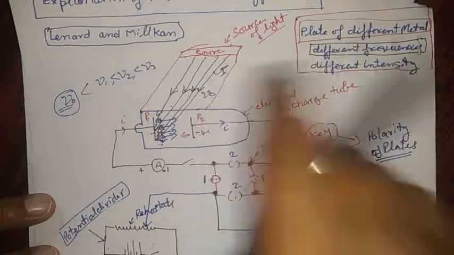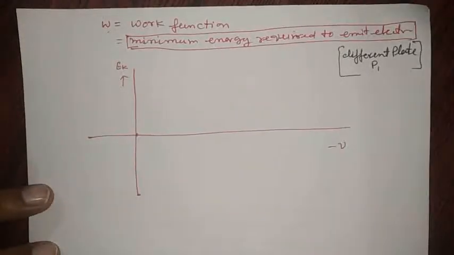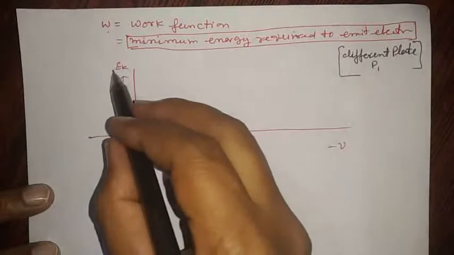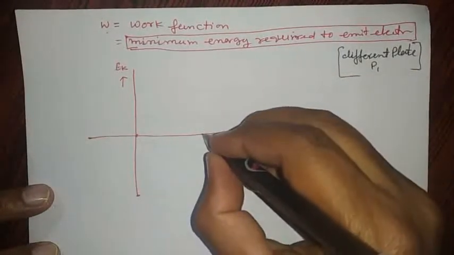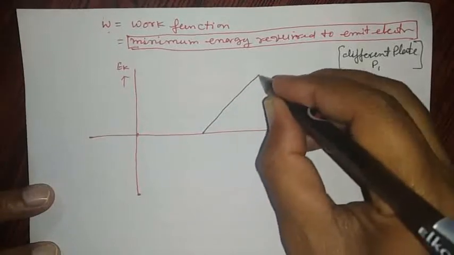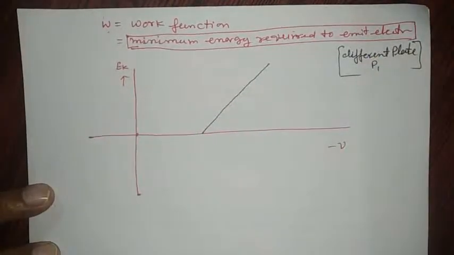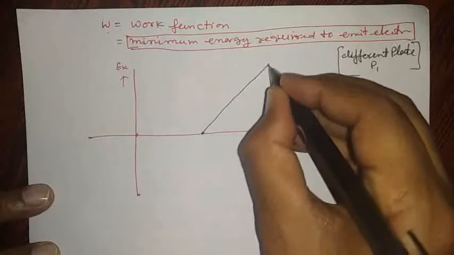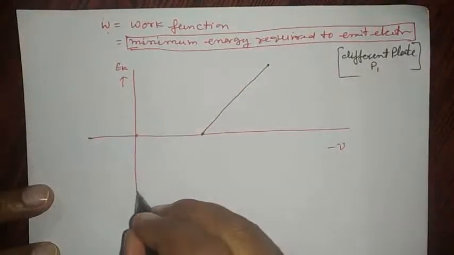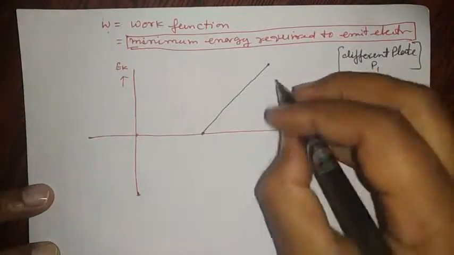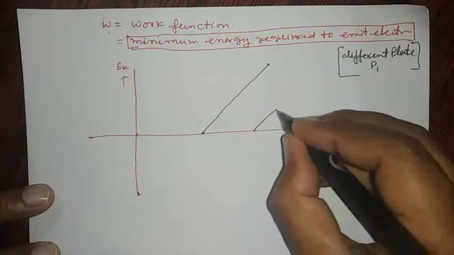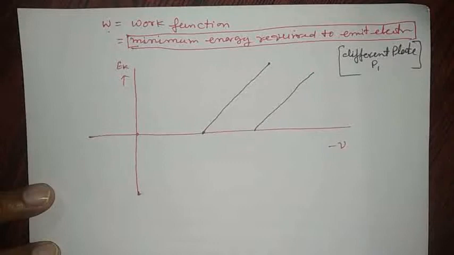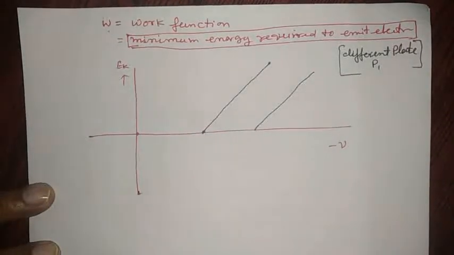At different frequencies and different kinetic energies, when a graph is plotted, suppose for the first metal the graph is obtained here in this way, and for a second metal the graph is obtained here in this way.